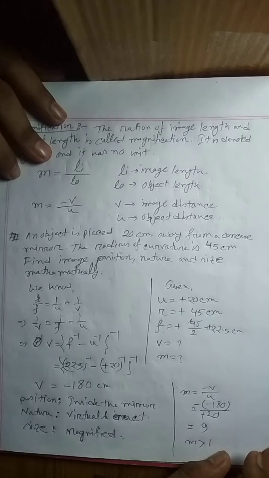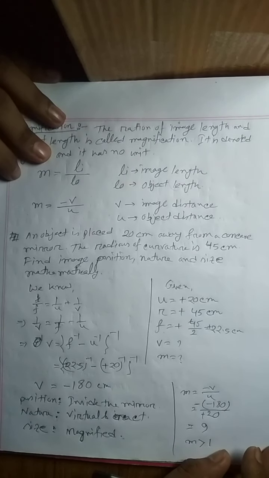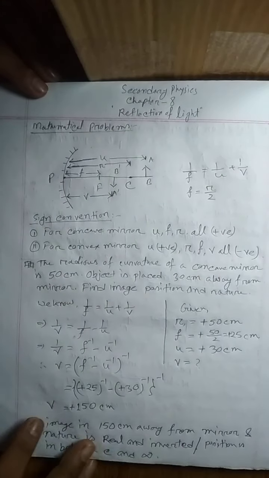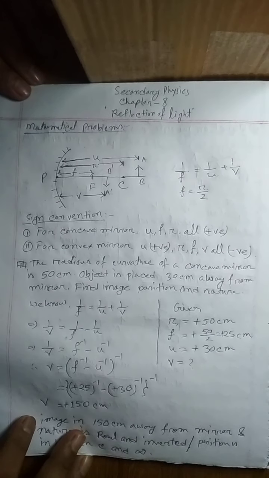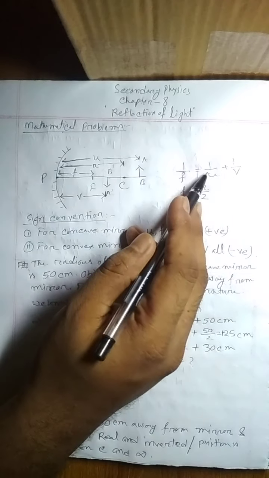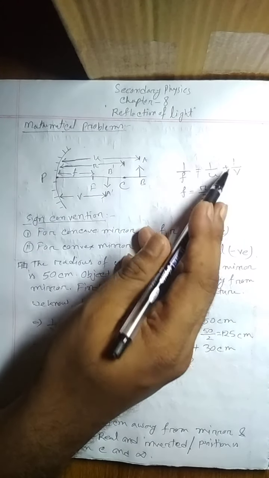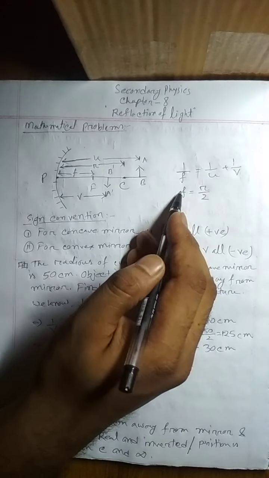So what I've discussed about some mathematical issues about spherical mirrors, you must watch it very carefully to do the math sincerely. See those math again. Okay, what we have learned today. Today we first learned about the mathematical equation for spherical mirror, 1 by f equal to 1 by u plus 1 by v, and another is f equal to r by 2.